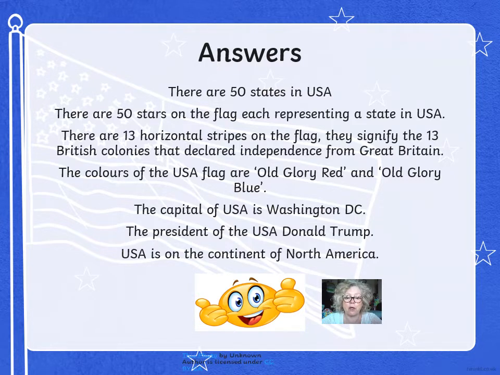Number 4, the colours of the USA flag are Old Glory red and Old Glory blue. The capital of the USA is Washington, D.C. The president is, of course, Donald Trump, and the USA is on the continent of North America. So give yourself big ticks for all of those you got correct, and well done. So we're going to carry on with our main lesson today.